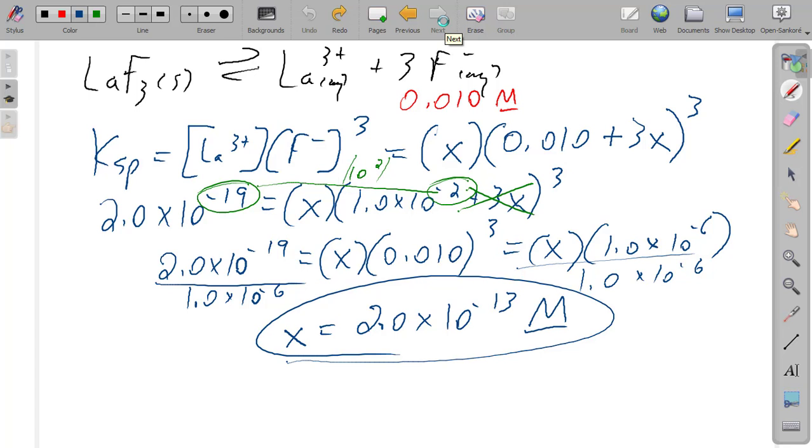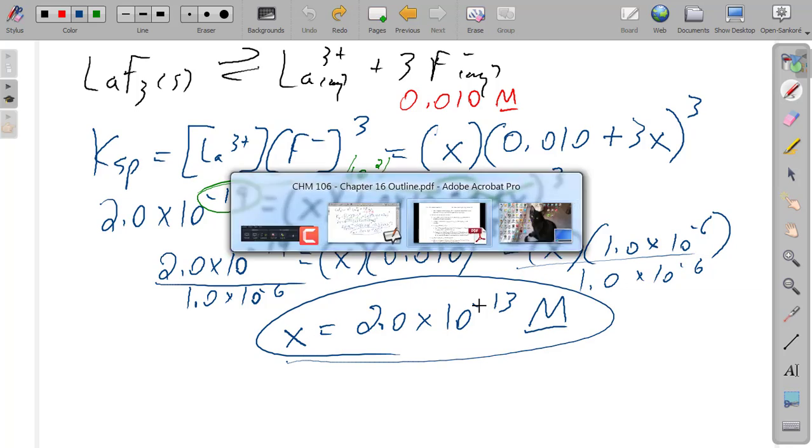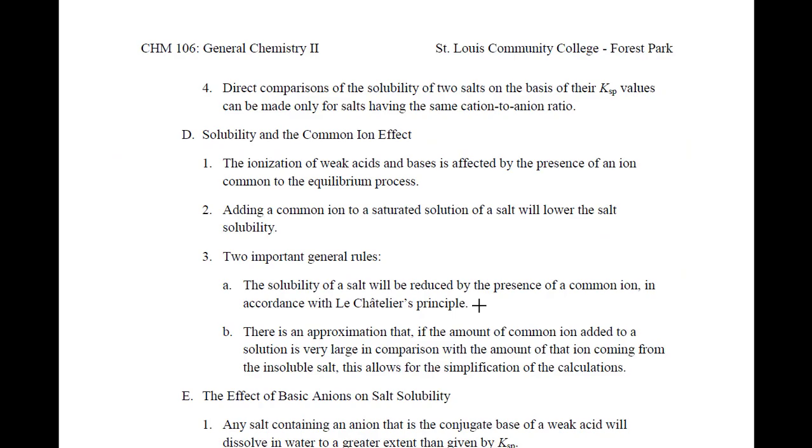But in this case, simply by the addition of 0.01 molar fluoride, you've dropped the molar solubility of the lanthanum 3 fluoride by almost 7 orders of magnitude. That's very significant. And like I said, this has potential use, say, in the environmental field when we want to clean things up. All right, let's check the outline just to be sure where we're at here.